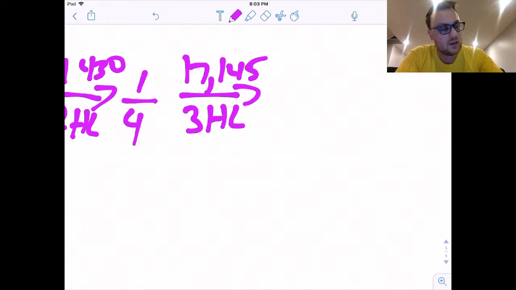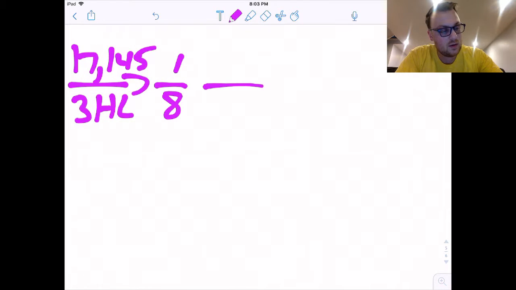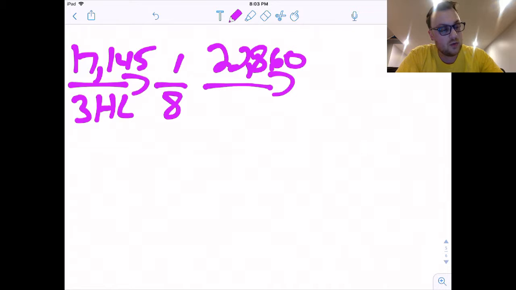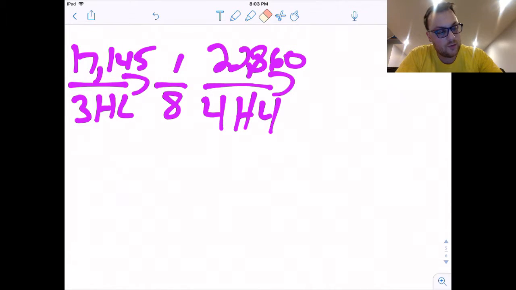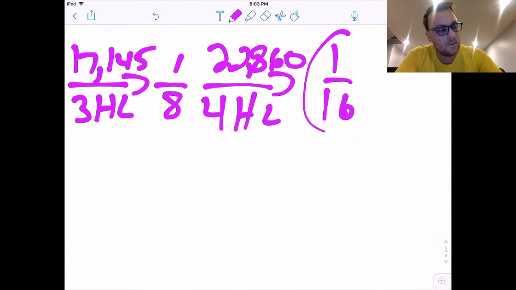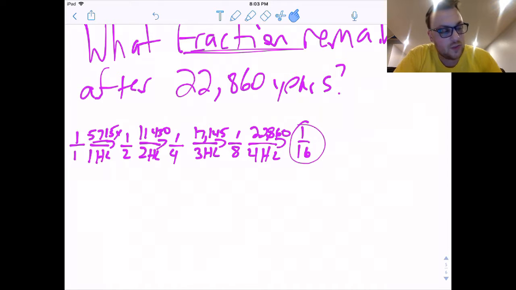After another 5715, we're at 22,860, which means after 4 half-lives, we have a 16th remaining. So in 22,860 years, 4 half-lives have occurred, which means we have 1/16 of the original substance remaining.